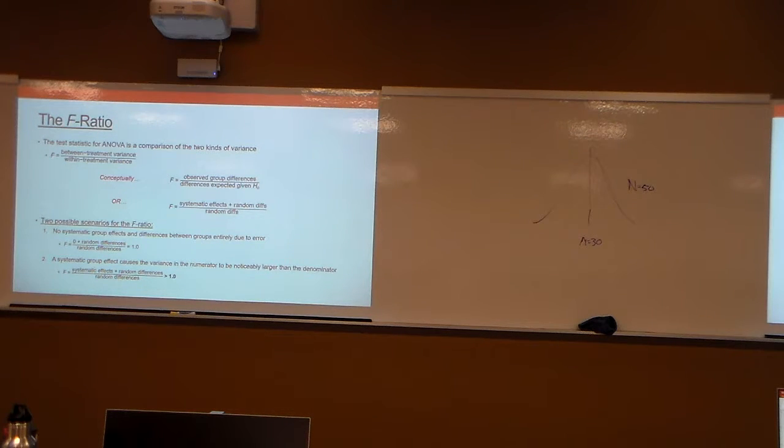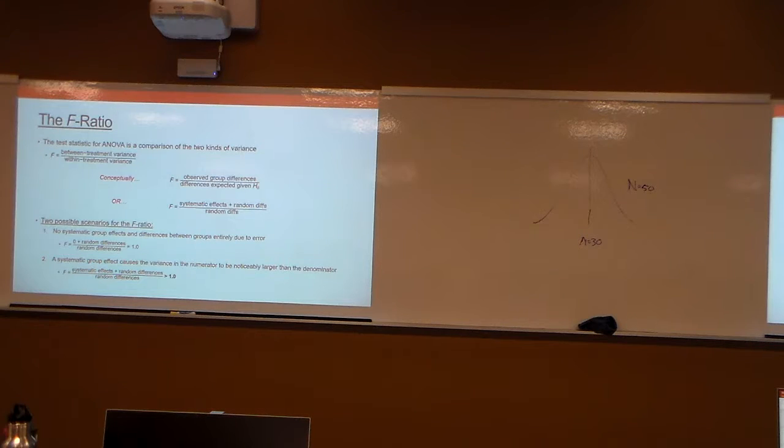One, I've got no systematic group effects, and the differences between our groups are entirely due to error, okay? Really, truly, these populations I've drawn from all have identical mean values, and so my systematic effects are 0. So the differences I'm seeing across my groups should be about the same as the differences I'm seeing within groups.